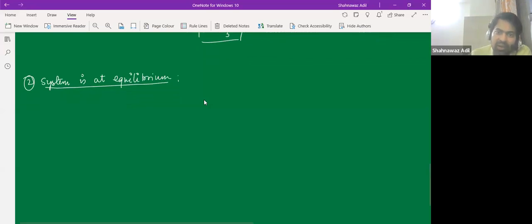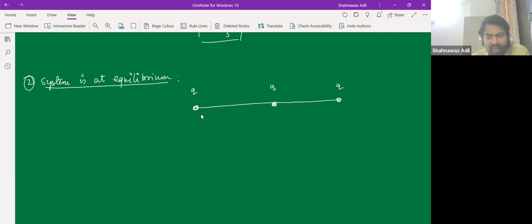Let's say you have three charges placed, and the whole system is at equilibrium, which means that all the forces at every point. So F net is zero at this point, F net is zero at this point, and F net is zero at this point.